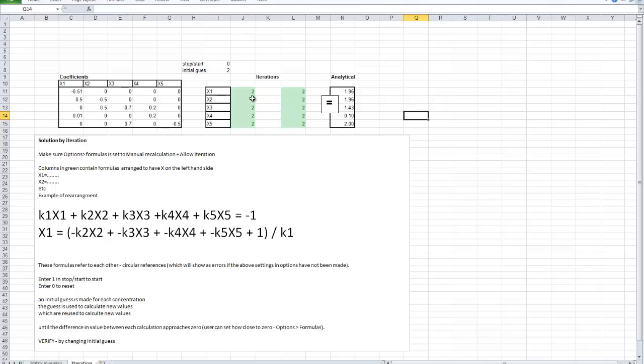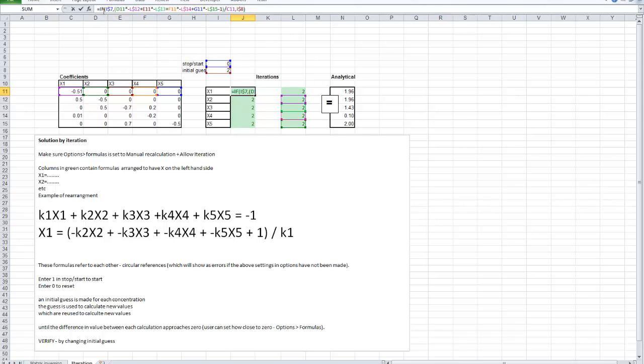Okay, when you've written them in, effectively you're writing the equation in twice, and it's referring to the concentration in the other column. Now, to explain what's going to happen, these other terms in this formula, the first term is an if, so there's an if statement which is referring to this little control section up here. There's a stop and start.